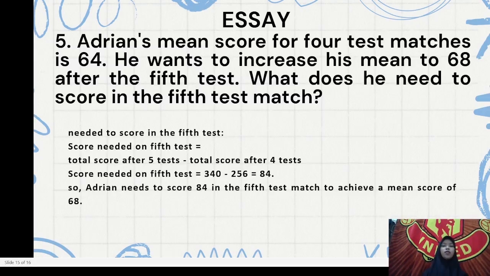So Adrian needs to score 84 in the fifth test match to achieve a mean score of 68.